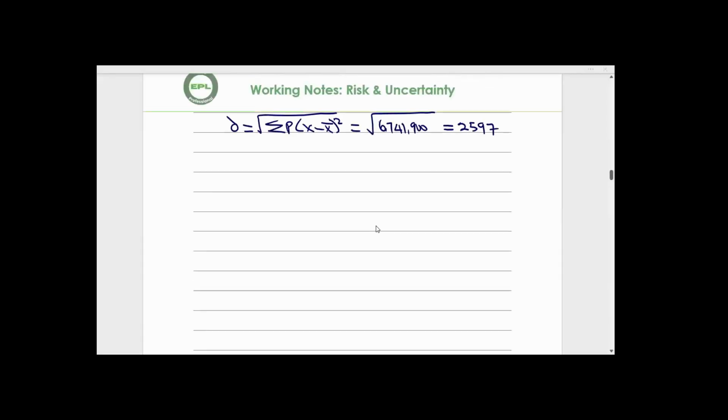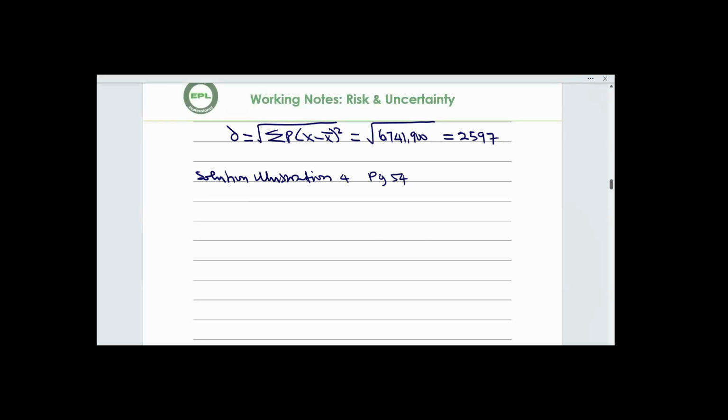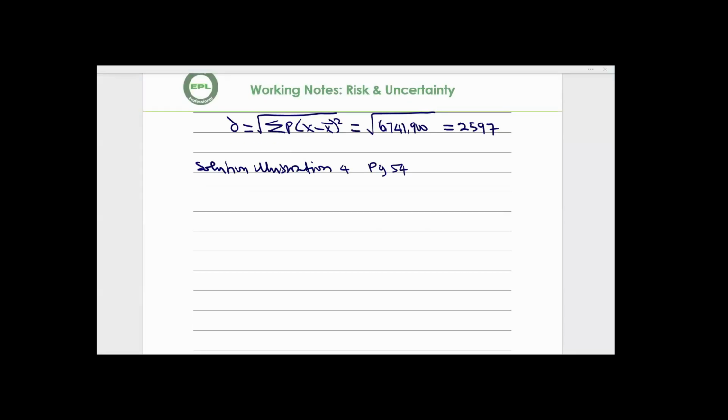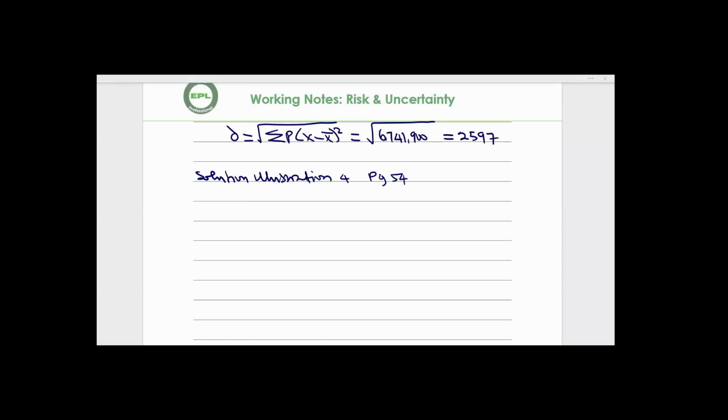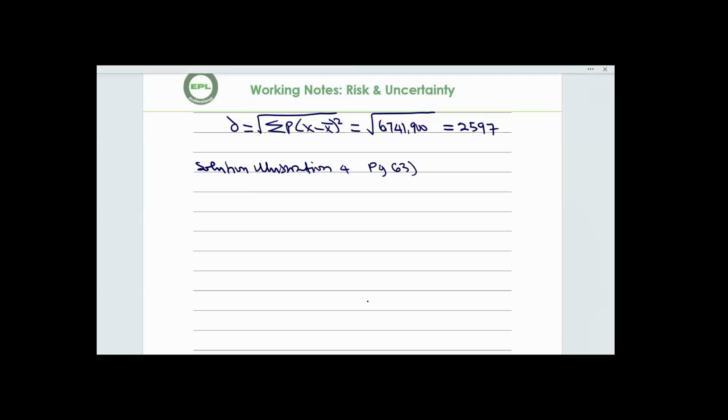Let me switch. Solution to illustration 4, page 63.